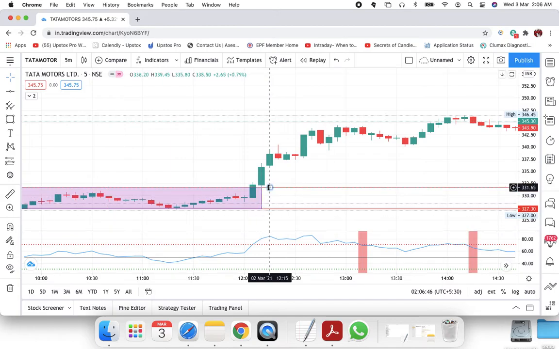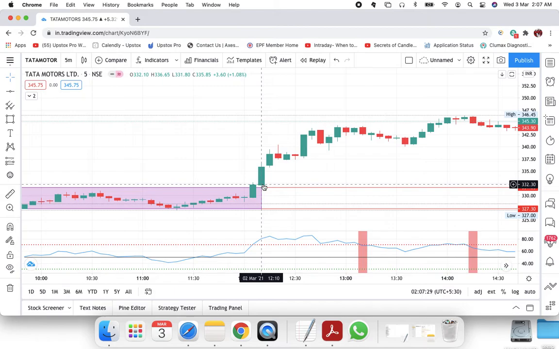As soon as this range is broken, the very next candle opened exactly at the high of the previous candle. So it gives double confirmation that it is going to go in the upward direction. We should enter at this candle's open price, that is 332.10.